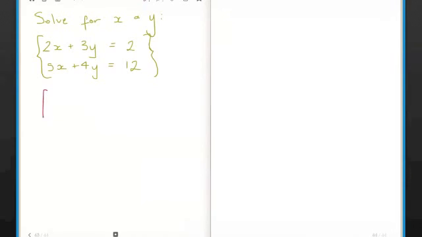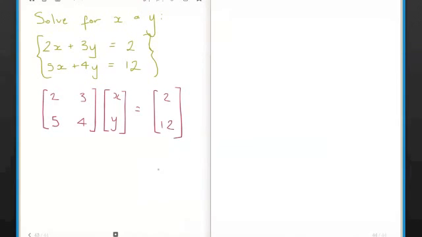I'm going to go, I have 2, 3, I'll explain it in a sec, 5, 4, times x y, equals 2, 12. So all I've done is written this in the form of a matrix.